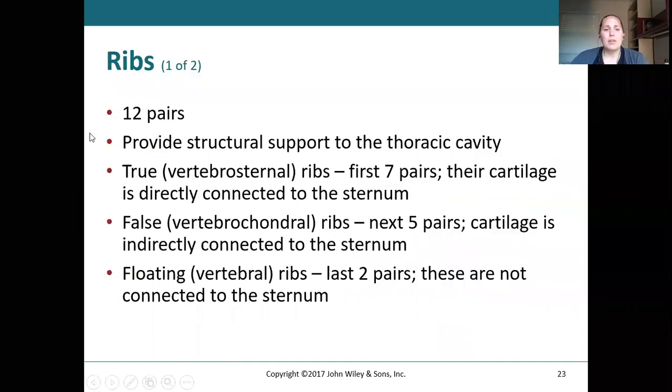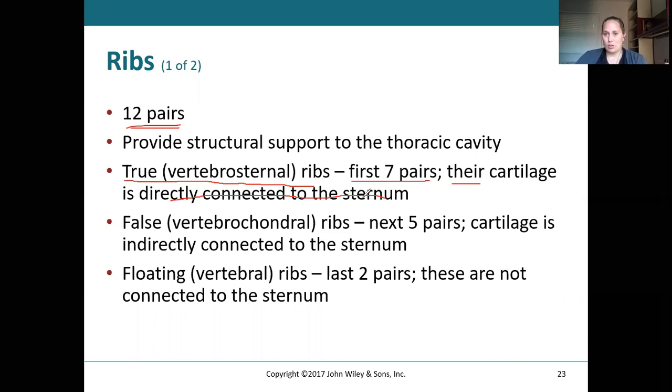Okay, so the ribs. If we move forward from the sternum to the ribs, there are 12 pairs of ribs. Again, this alleviates any type of harsh memorization. You just have 12 pairs. You have true ribs that are vertebrosternal ribs. Those first 7 pairs, their cartilage is directly connected to the sternum.